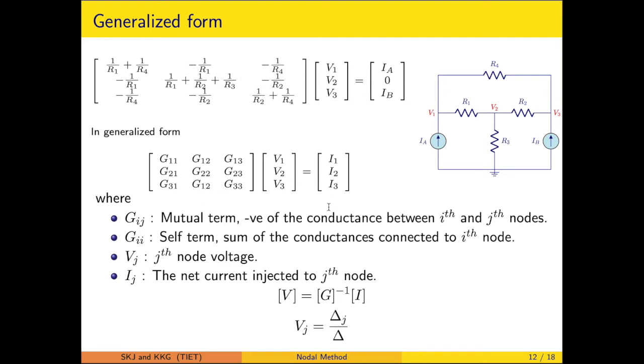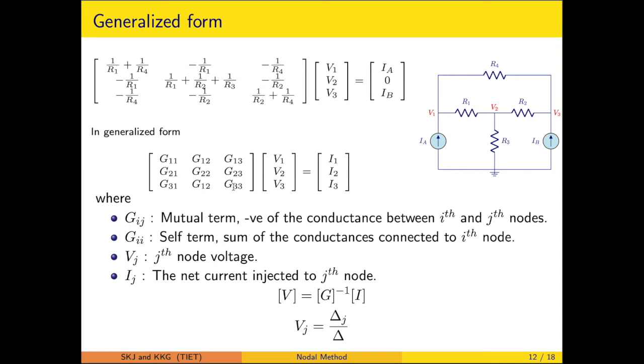So if you are making a comparison, please have a careful look. G11 is the sum of the conductances connected to the first node. So at the first node, R1 is connected, so the conductance will be 1 upon R1, R4 is connected, so the corresponding conductance will be 1 upon R4, and the summation of the conductances will be like this.